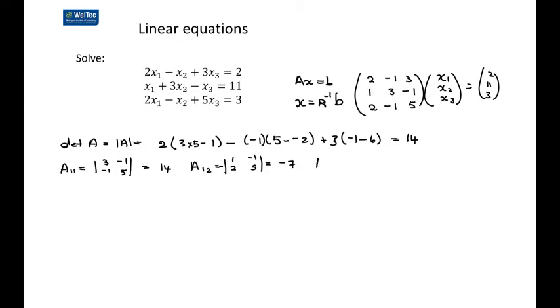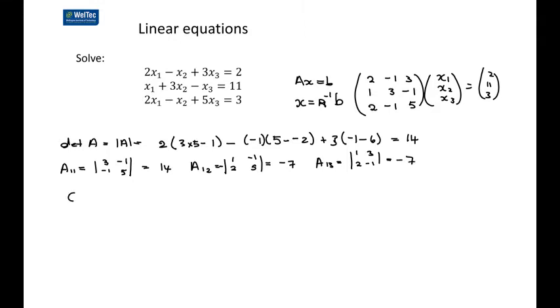A13, cutting out row 1 and column 3, is the determinant of 1, 3, 2, negative 1, which is negative 1 minus 6, which is negative 7.